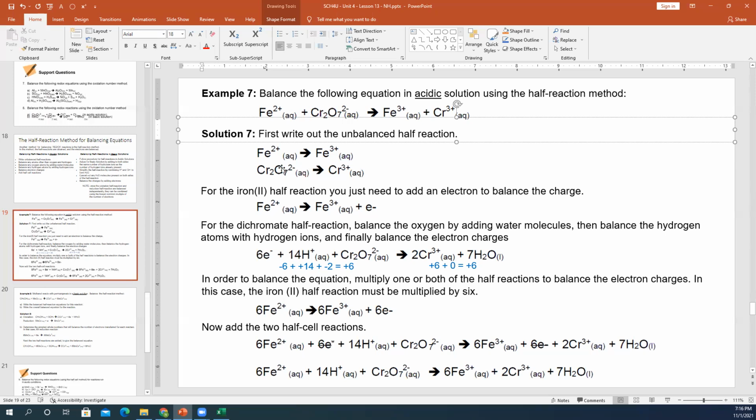Now for the dichromate half reaction here, it's a little bit more involved. So first you balance the amount of oxygen by adding water molecules, and then you balance the hydrogen atoms with hydrogen ions, and then you finally balance the electrons with charges.